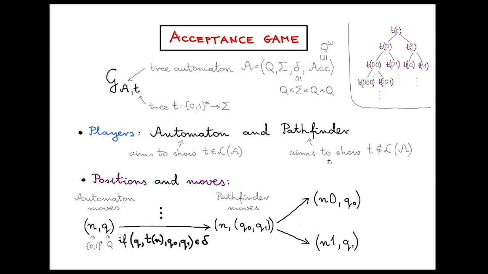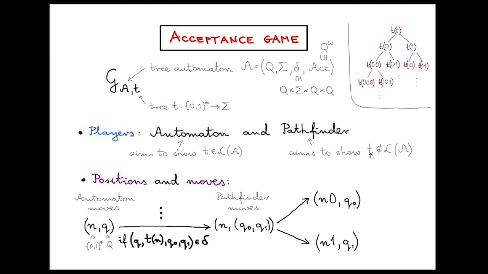On the other hand, the task of the pathfinder is to try to disprove that, try to show that the tree T in fact is not in the language accepted by the automaton A. So the task of the pathfinder here would be to provide evidence that there is no accepting run of the automaton A on tree T.